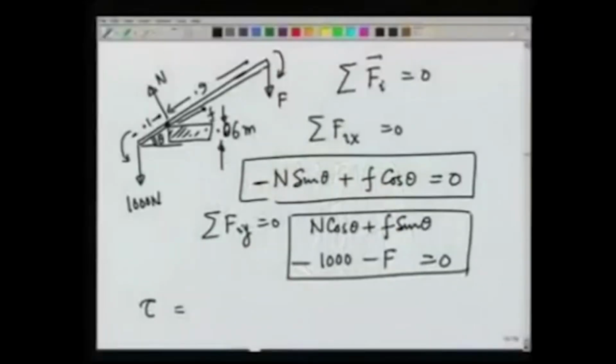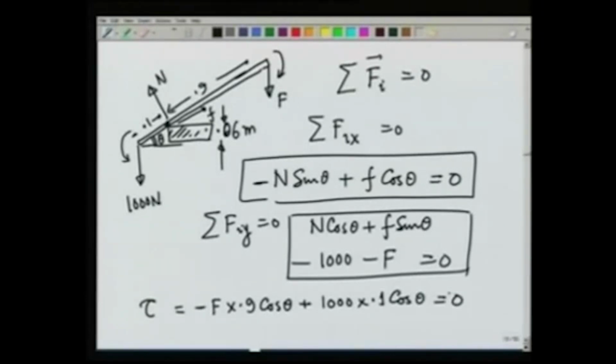It is going to be equal to, clockwise would give me a minus k. So, F times 0.9 cosine of theta with a minus sign plus 1000 times 0.1 cosine of theta is equal to 0, and therefore, F comes out to be 1000 over 9, which is roughly 111.11 newtons, and that is your answer.